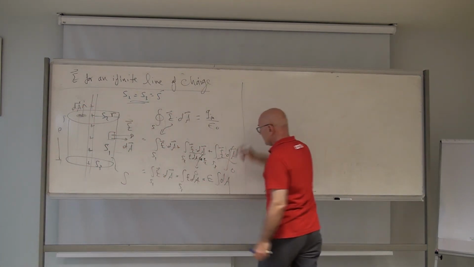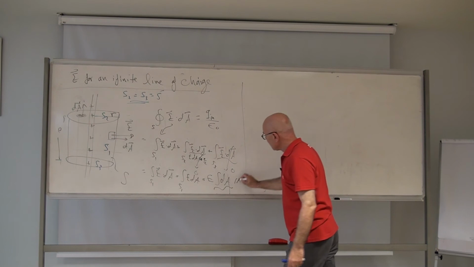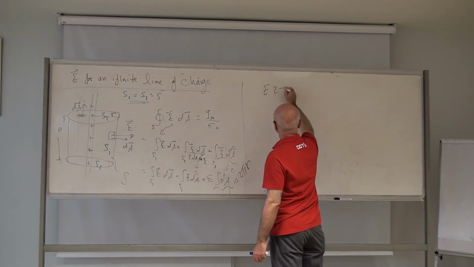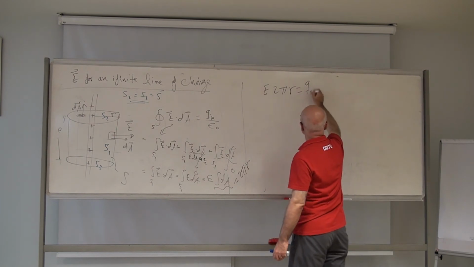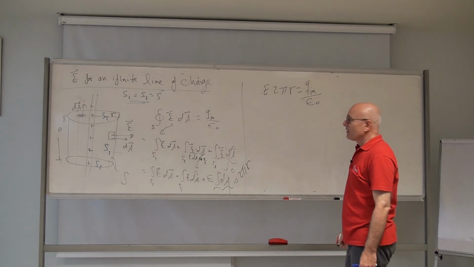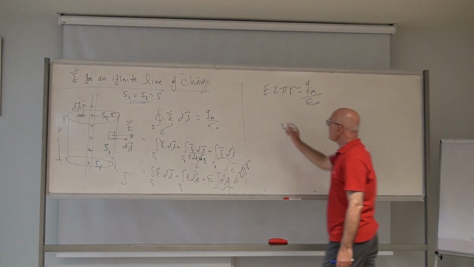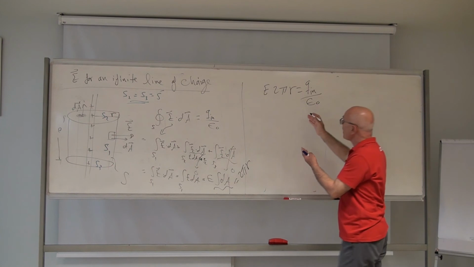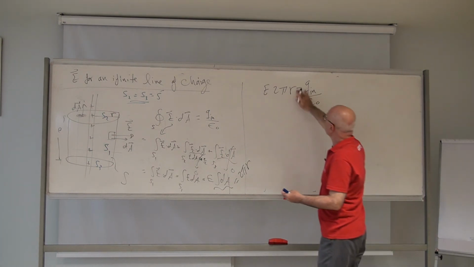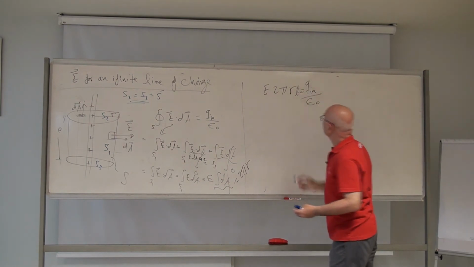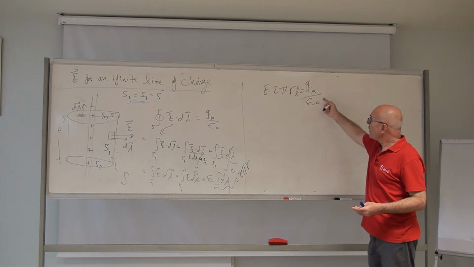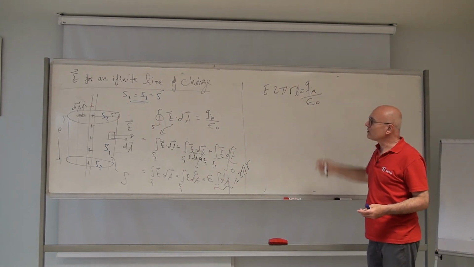Therefore, I get E multiplied by 2 pi r L is equal to Q enclosed over epsilon naught.